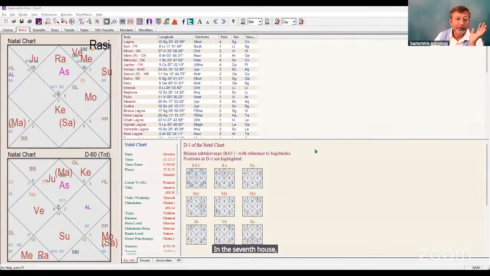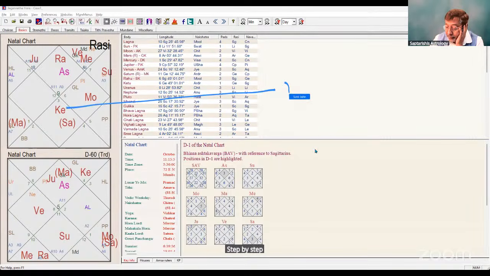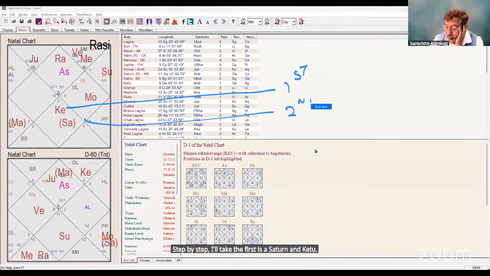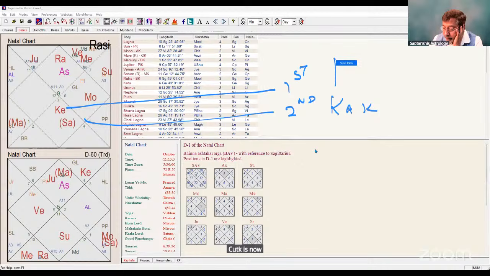Correct, everybody? Can you all see this? So the first thing I will take, step by step, is Saturn and Ketu. I'll identify their Kaksha. Everybody?